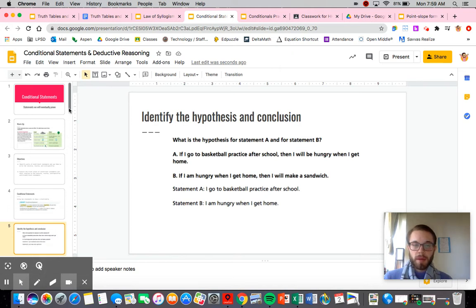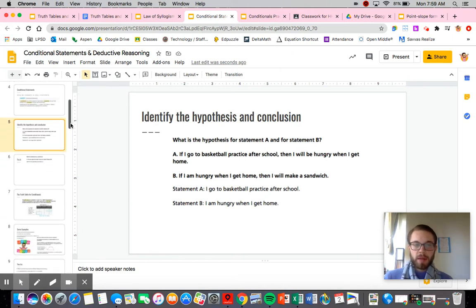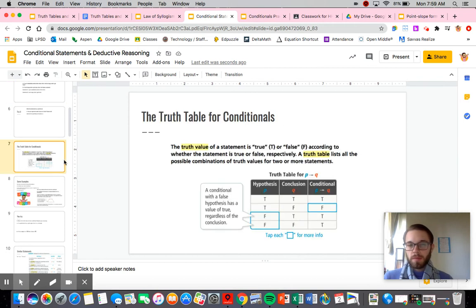All right, let's take a moment and look down here. So we need to be careful when we're dealing with the truth values of conditionals. And the reason behind it is not so much the situation where the hypothesis is true, because these top two definitely make sense, right? If the hypothesis is true and the conclusion is true, the entire statement is going to be true, right?